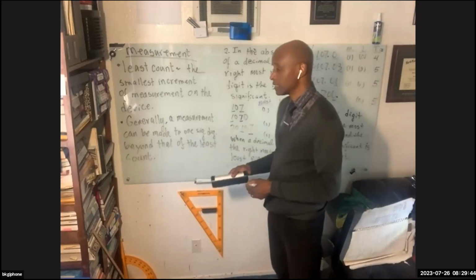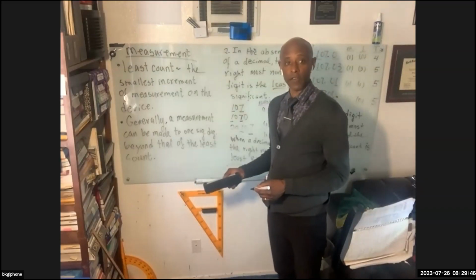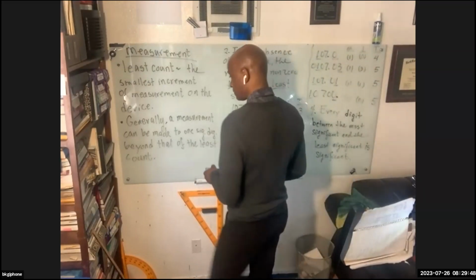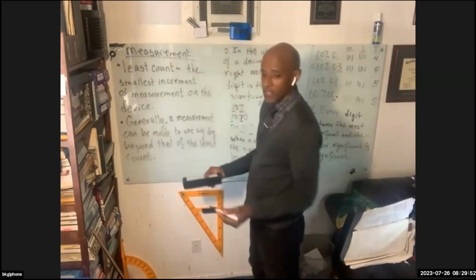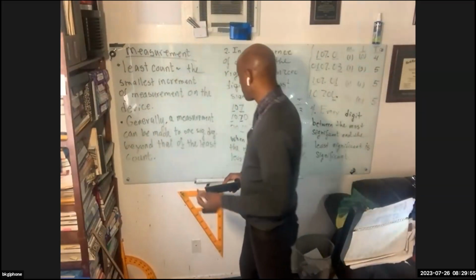This digit is the estimated value of the measurement, and essentially determines the uncertainty.